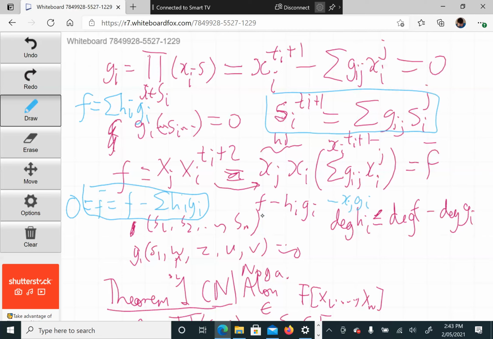If the F's and the G's actually lie in a subring, so the coefficients of the polynomials of F and G all come from a subring of the field, for example, they're all integers, then the conclusion is the H_i also have integer coefficients.